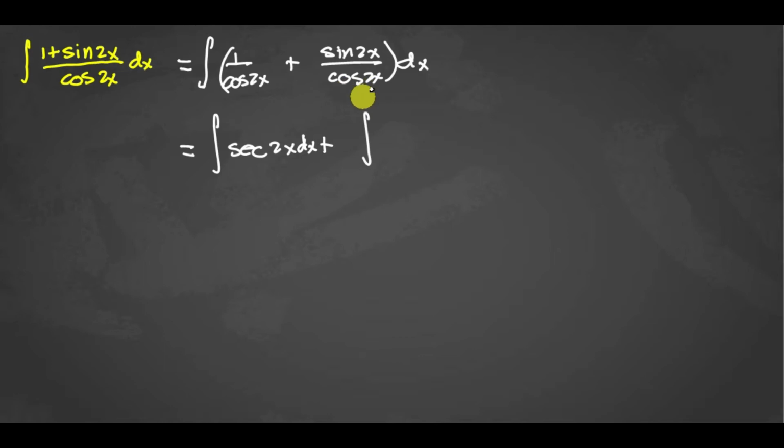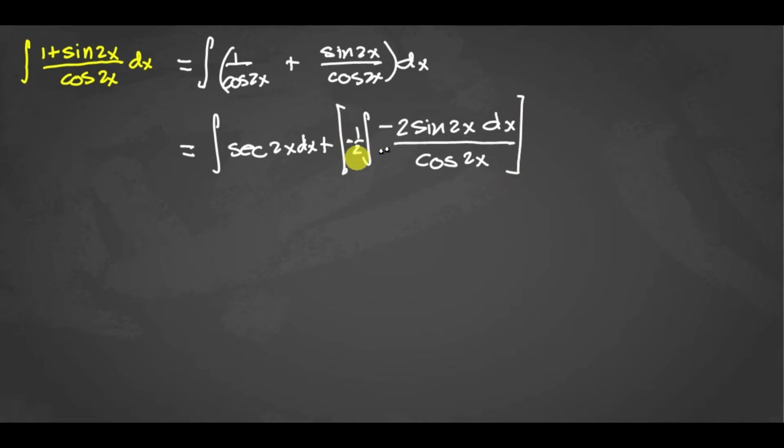Now, if we mentally solve this, we can assign our variable u here as cosine 2x. If we take the derivative of cosine 2x, it is negative 2 sine 2x dx, all over cosine 2x. And using the neutralizing factor, we should have the negative 1/2 to neutralize our inside integral.